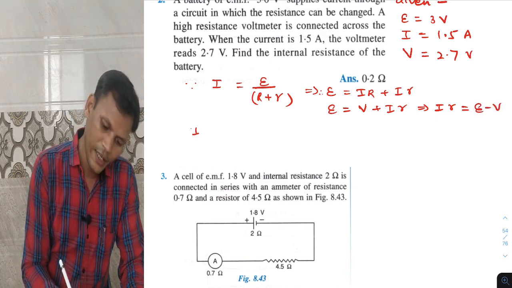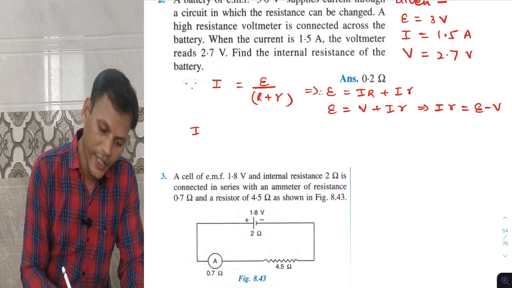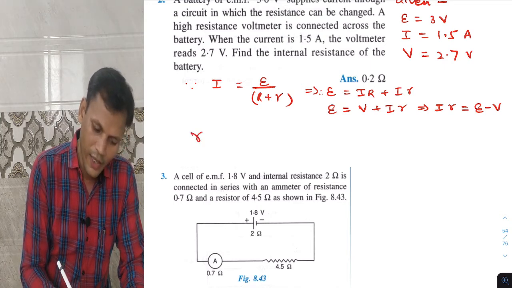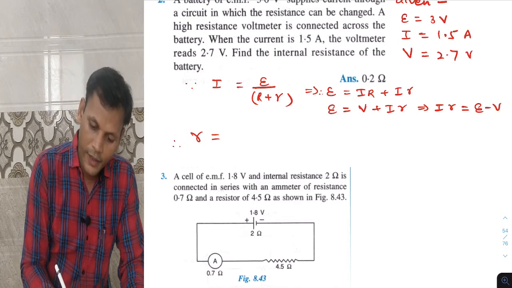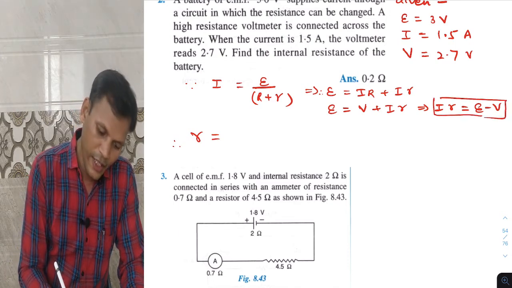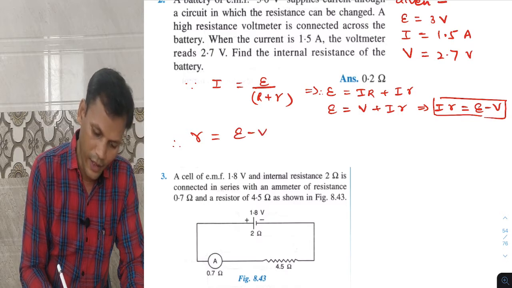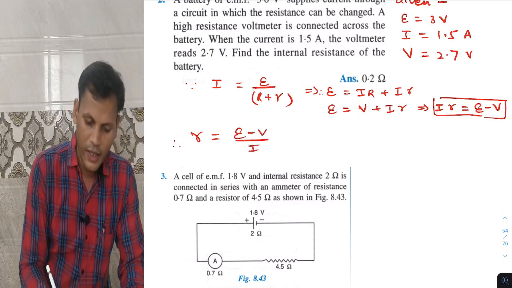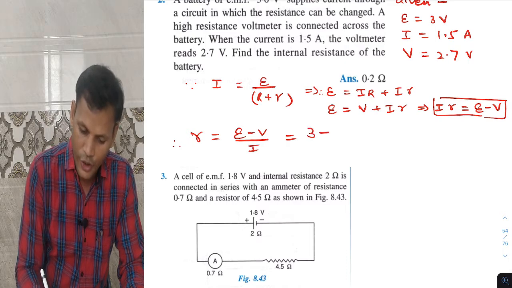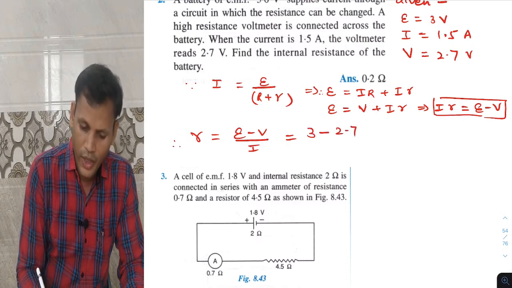We have to calculate a small r. So small r will be E minus V by I. Now every term is given. E is 3 volt minus V is 2.7, upon I is 1.5.